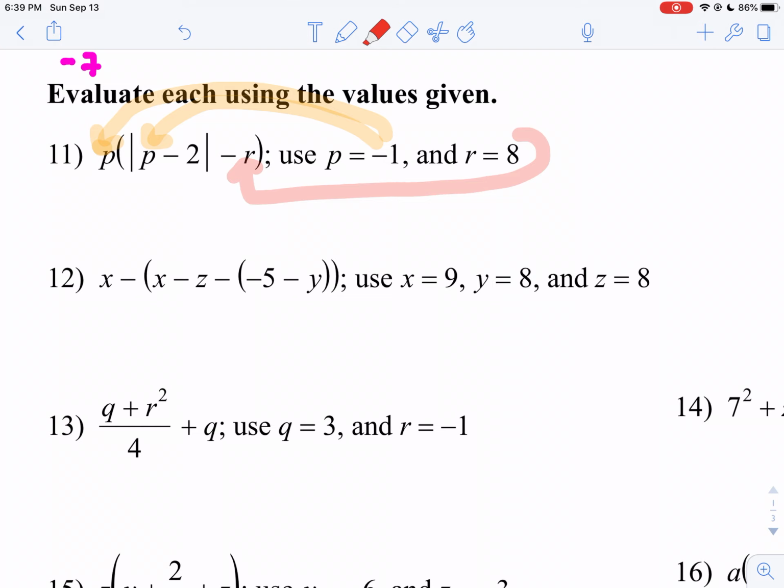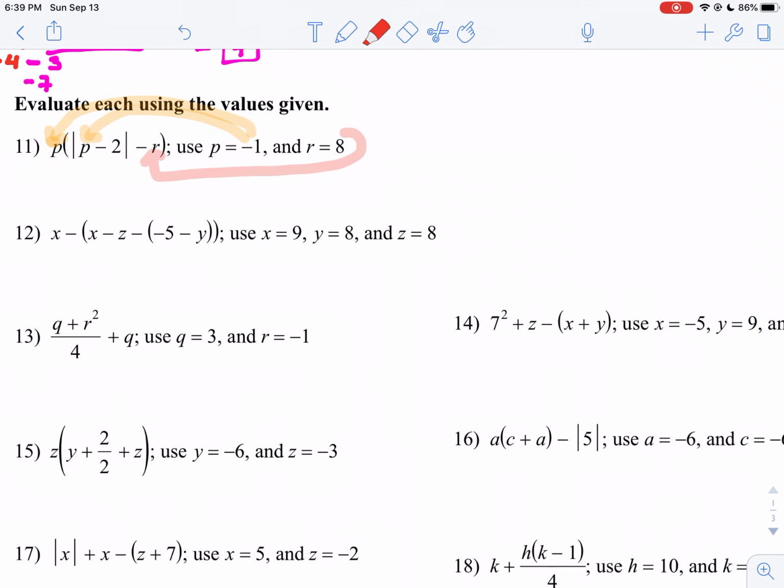I'm going to do that off to the side. So I have -1, and anytime you have a negative number, I suggest that you put it in parentheses, just so that you don't confuse yourself. Here there is an absolute value, and then a -1 here. There's going to be a lot of parentheses. Then minus a 2, close my absolute value bar, minus an 8.